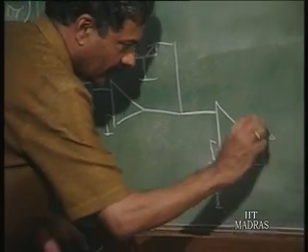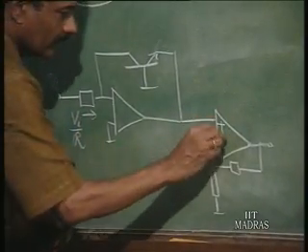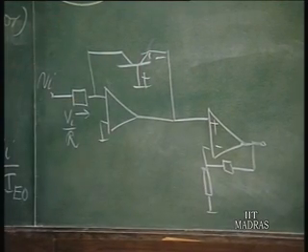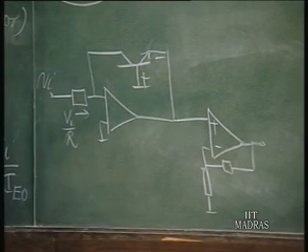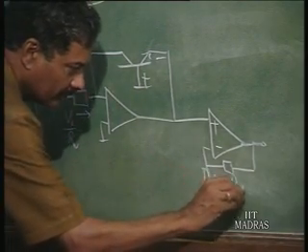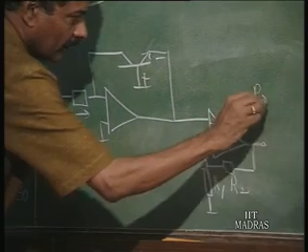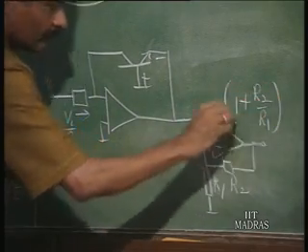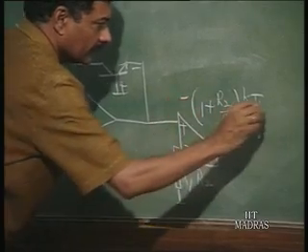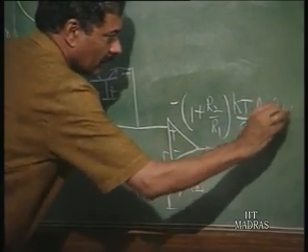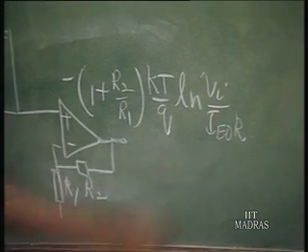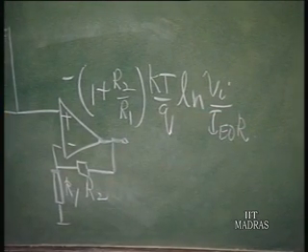So, this voltage V naught here is going to be this voltage, which is minus kT over q log Vi by R I naught, into this gain, which is let us say R1 and R2. So, 1 plus R2 by R1 into kT over q, minus of course log Vi by R I naught. So, this is the output voltage at that point.